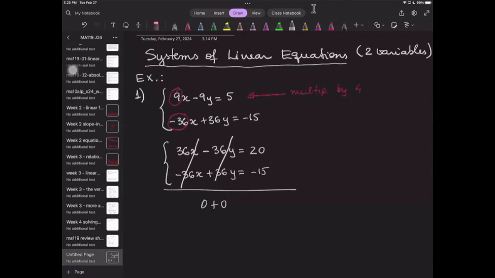You have 0 plus 0 there. I don't need to put the 0; I'm just demonstrating that when you add the x terms, that's 0, and when you add the y terms, that's also 0. Now, when I add the right sides, I have 20 plus negative 15, which is 20 minus 15, which is 5.